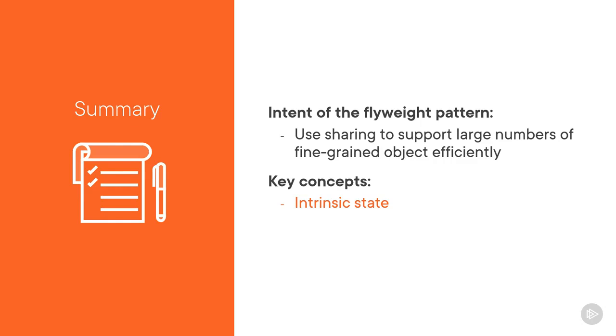In other words, it is data that does not change if the object is used in different contexts. Extrinsic state, then, is data that does vary with context. So, different class instances might have different extrinsic state data which cannot be shared. The intrinsic state is thus reused in a way, while the extrinsic state varies.